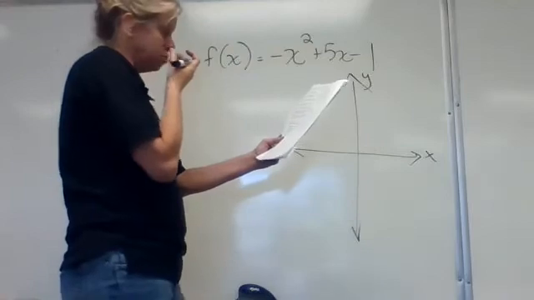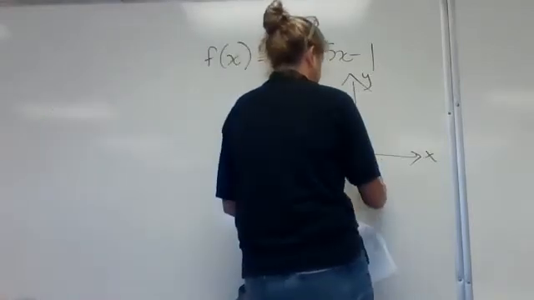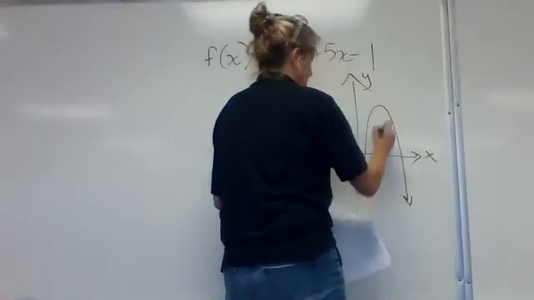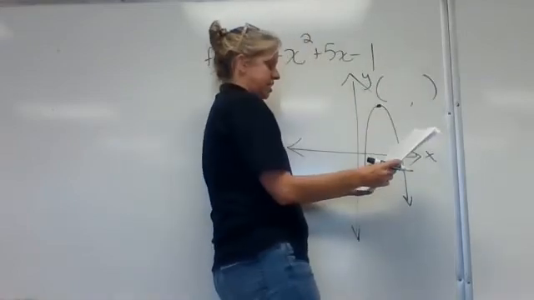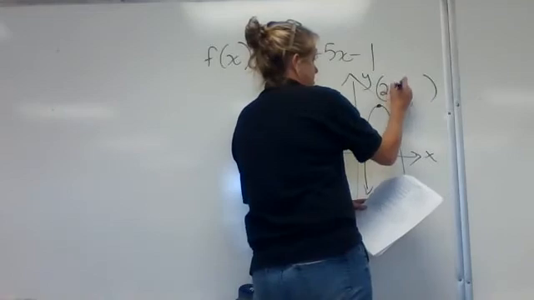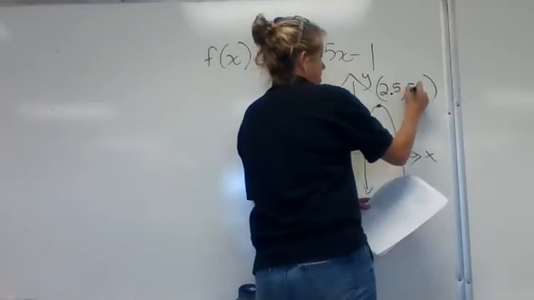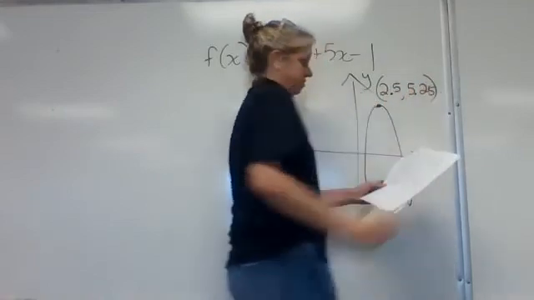And it actually tells me what the vertex is. It says, okay, here's your parabola, and I'm even going to tell you what the vertex is. It's 2.5 and then 5.25.